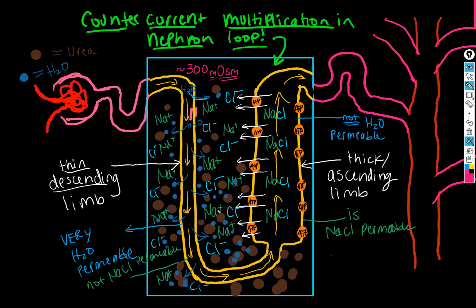So due to our gradient here, as you go further and further into the medulla, the osmolarity of the peritubular fluid increases. By the time you get to here, it's about 600 milliosmoles. Let's make that a little bit thicker so we can see it. And by the time you get down here, it's about 900 milliosmoles.